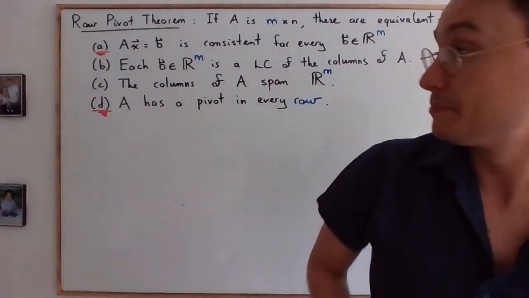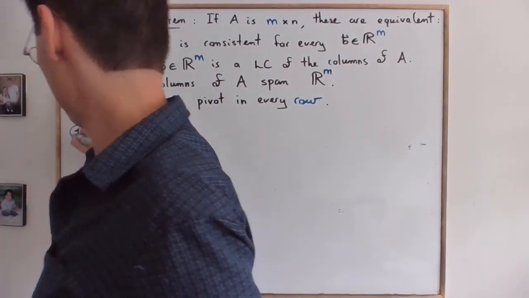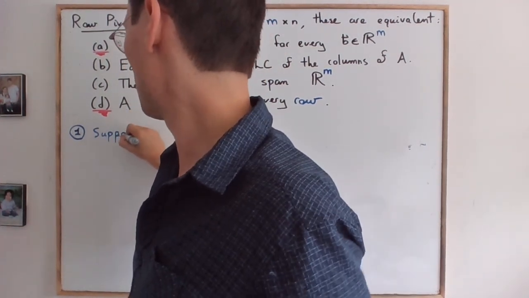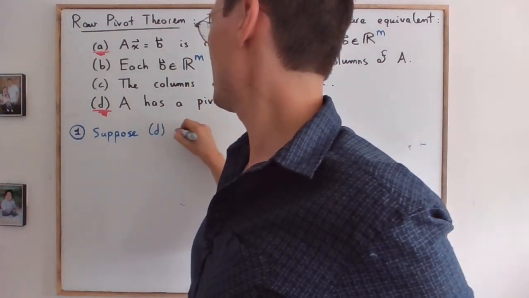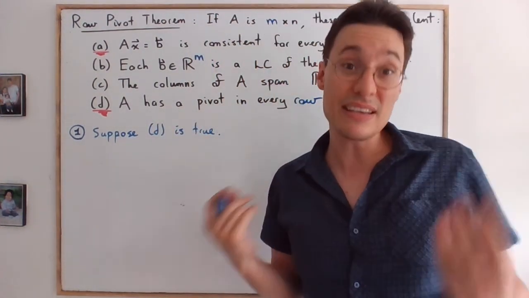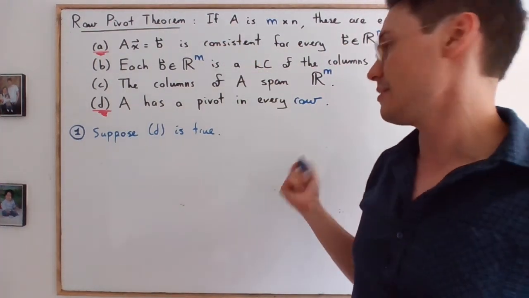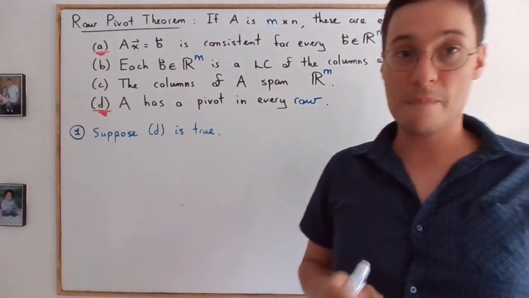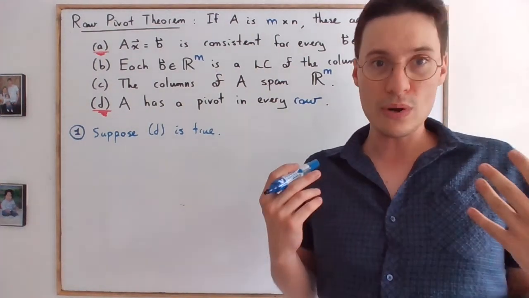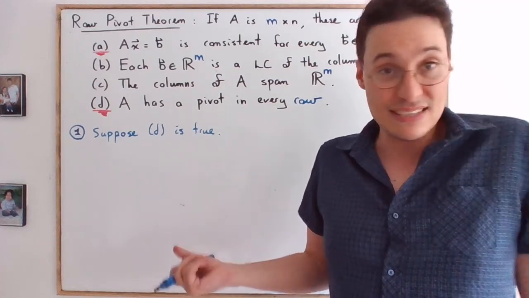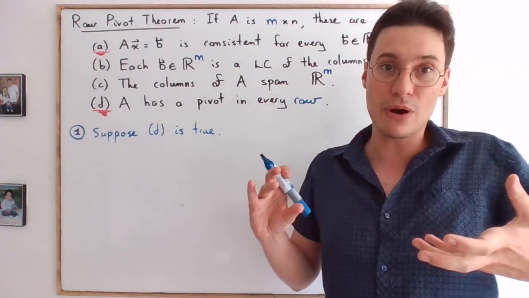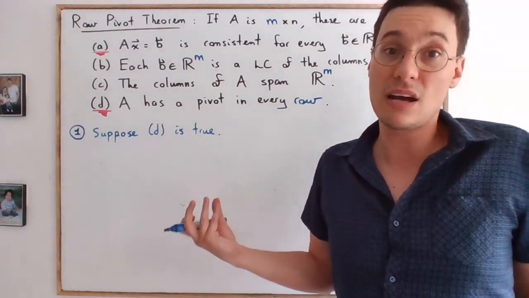So step one. Suppose D is true. This is, I would say, the easy part of this proof, because it really means that there is no row that could possibly make the system inconsistent, because what makes a system inconsistent is a row full of zeros with a pivot in the constant column.